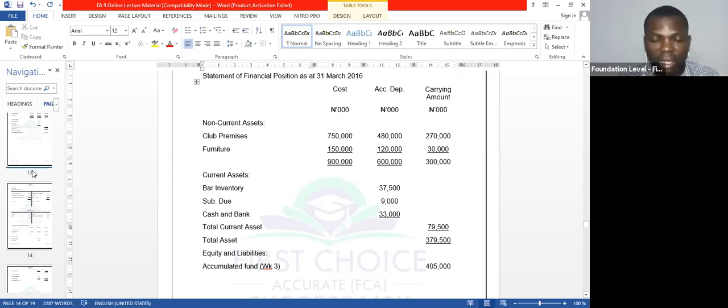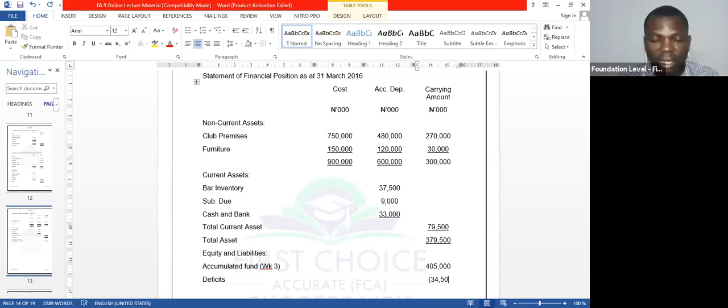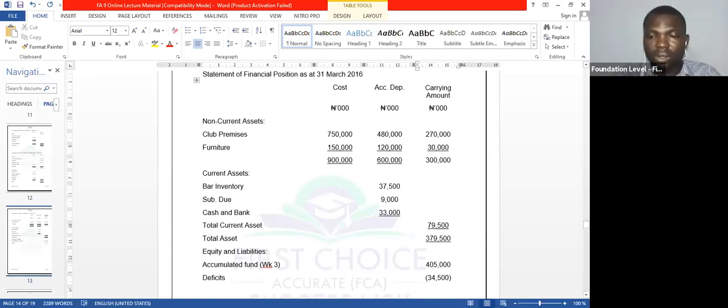So let's reduce that at 4,500. We remove that from this, then it gives us the value of what? If we press the calculator, it gives 70,500. And that given to us is what we regard as the total equity.